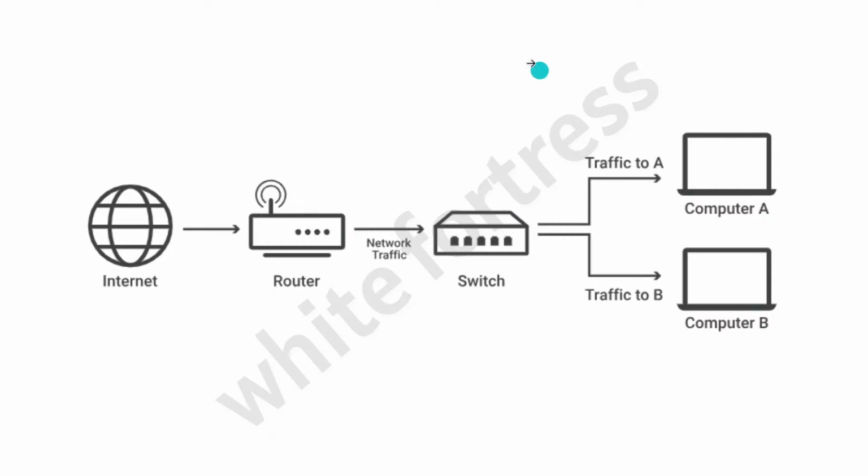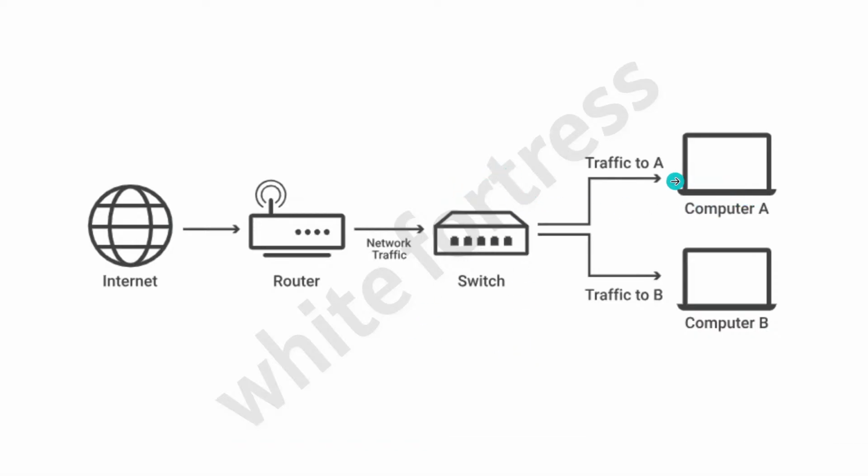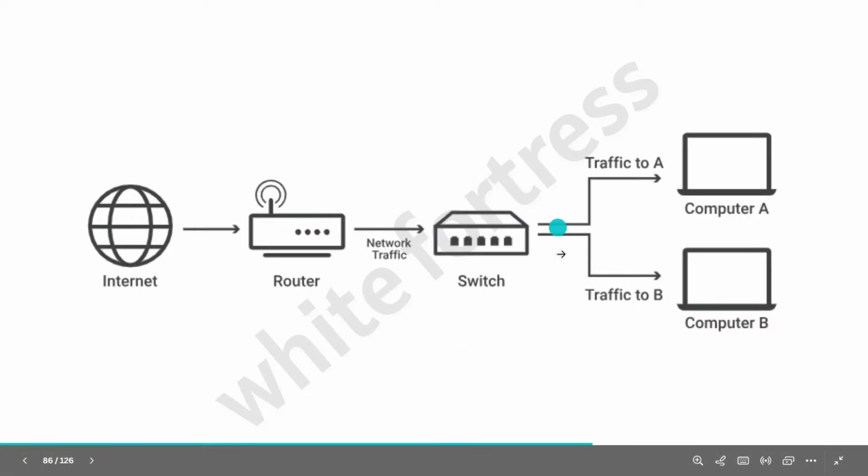For example, there is a firewall and it has rules that computer A can send traffic to the outside network, to the internet, but cannot receive any data or packets from the outside network. So what will happen?